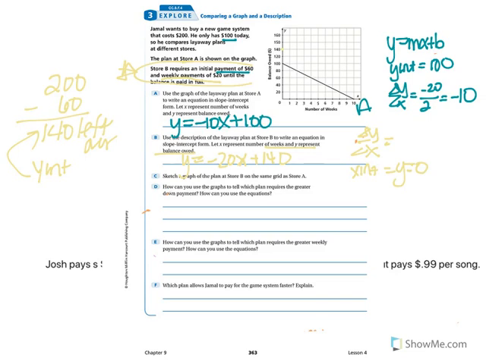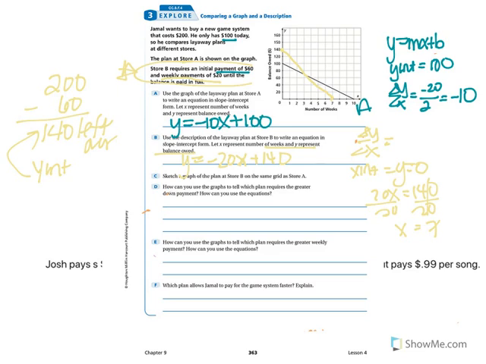So if y is 0, I add the 20x, so 20x is equal to 140, divide by the 20, and x ends up being 7. Our line for store B is going to look like this. That means in 7 weeks, our balance will be paid off.